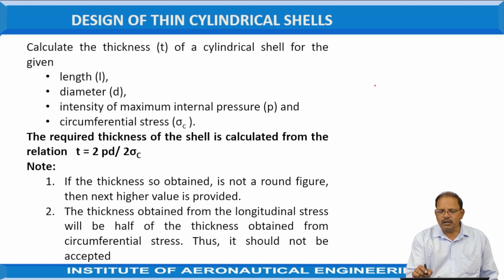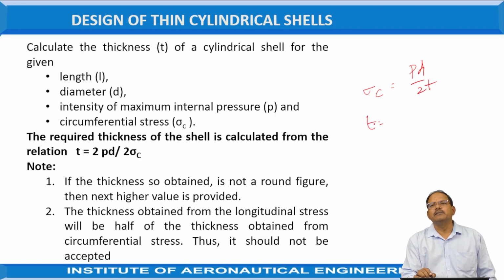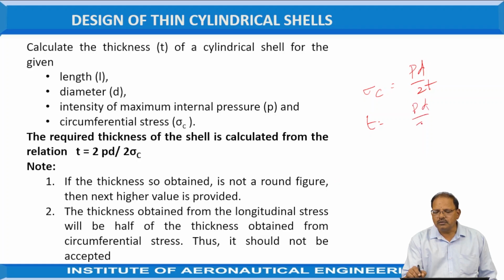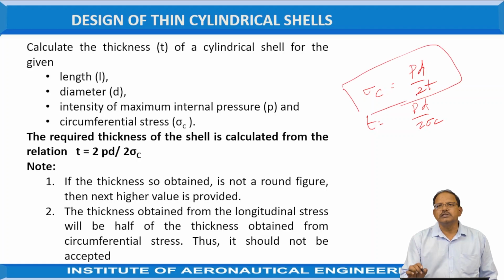Here we have sigma C equal to PD divided by 2T. From this relation, the required thickness of the pipe is T equal to PD divided by 2 sigma C. The specification required can be determined by using only the hoop stress relations.